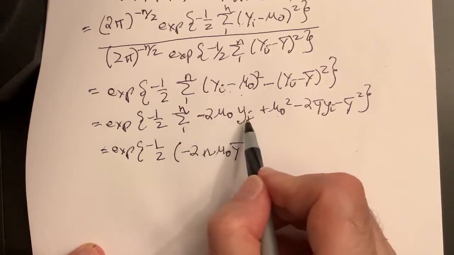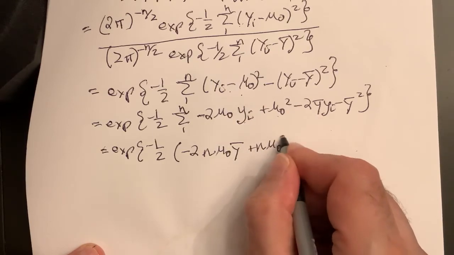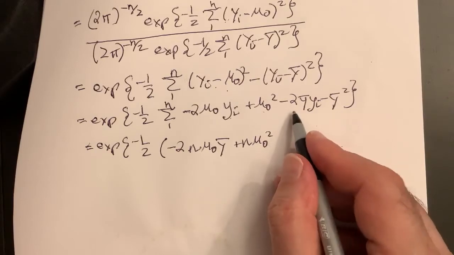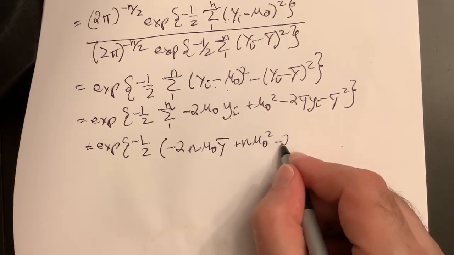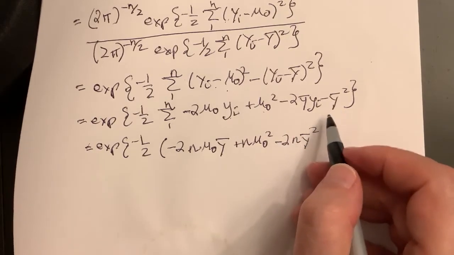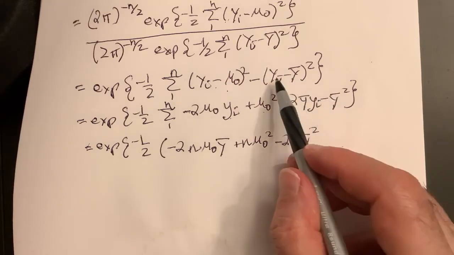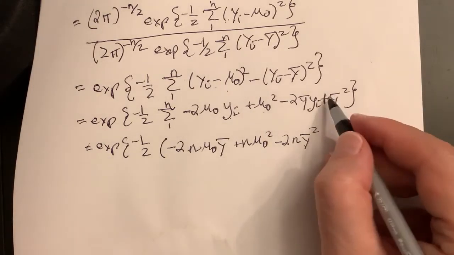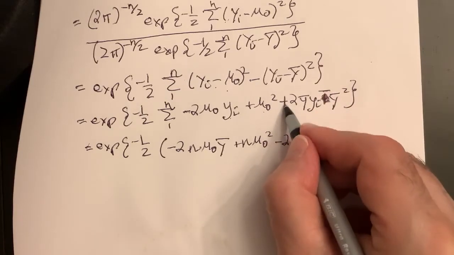This one becomes plus n mu 0 squared. This becomes minus 2n y bar squared. And this one becomes, and this should be plus, right, when it comes across here.